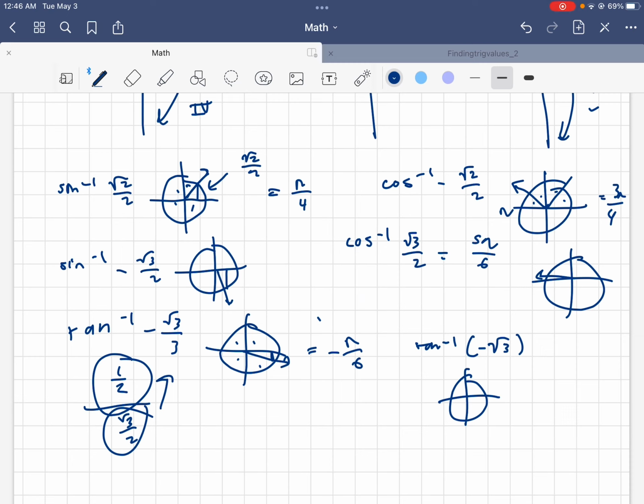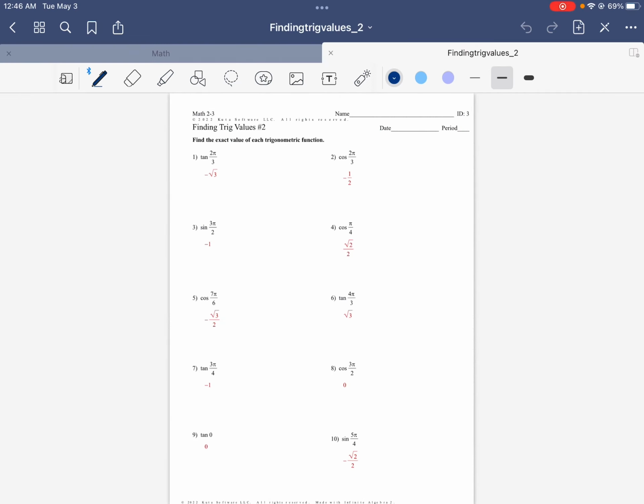So what did I say? Opposite is square root of 3 over 2. So you want one where the opposite is longer than the adjacent. So when the adjacent side gives you 1/2, then the radian measure ends in 3.